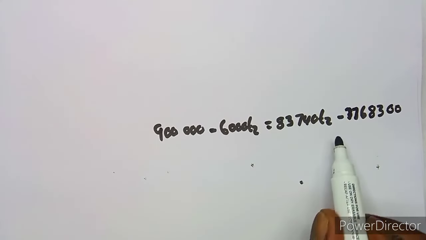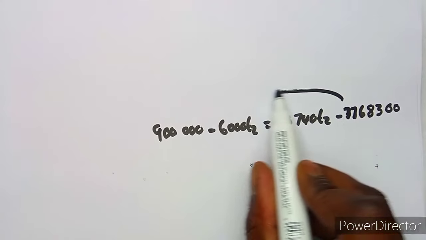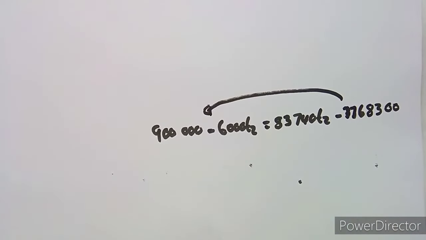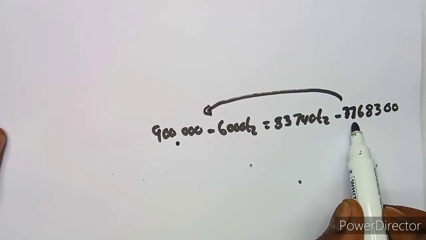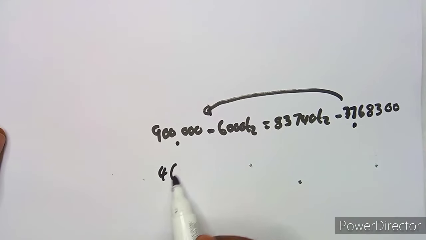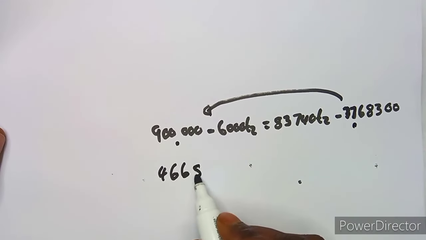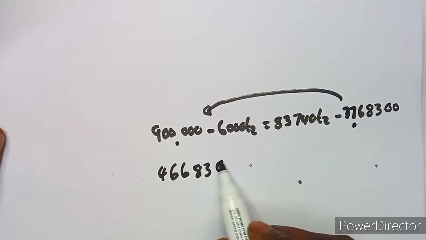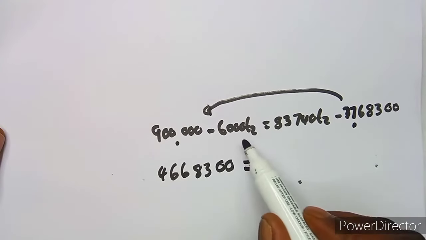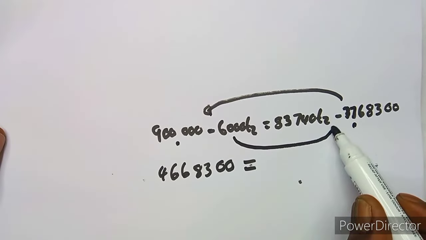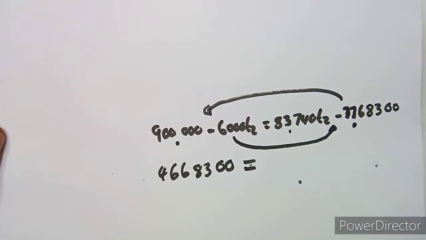Okay, so you're gonna transpose this a negative. Okay, so transpose it to the left hand side, so which means this and this will add. So these two actually add, and this will be 4 6 6 8 3 0 0, which is equivalent to, you transpose this to this side, it's gonna add to T2 here.